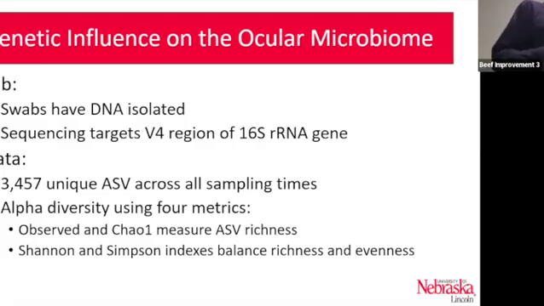So what that means is it's just essentially a count of how many ASV are present in that sample at that time point. The Shannon and the Simpson indexes also measure alpha diversity, but they try to balance how many organisms are there with how evenly spread they are.